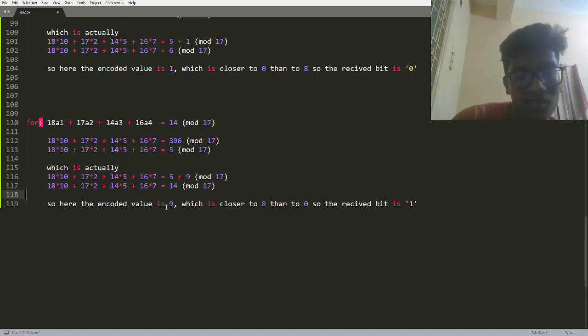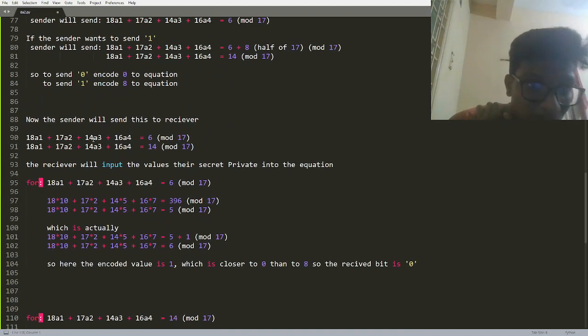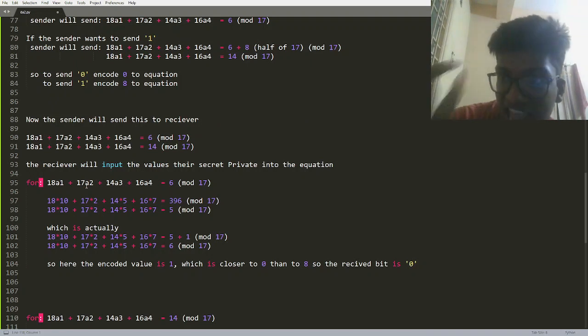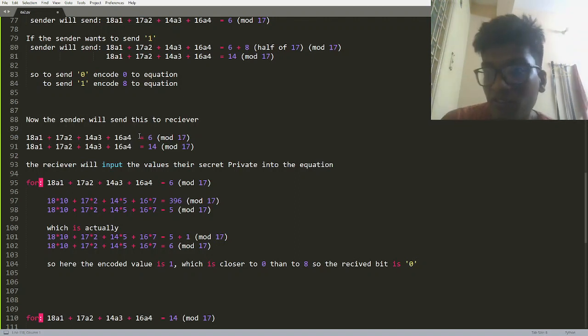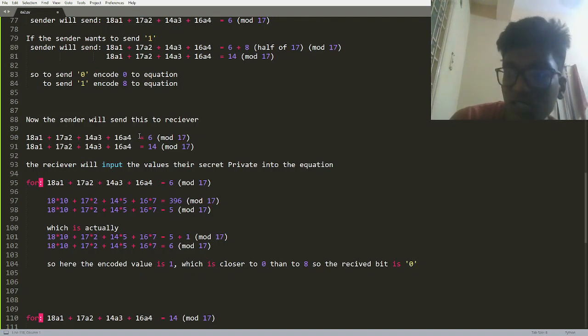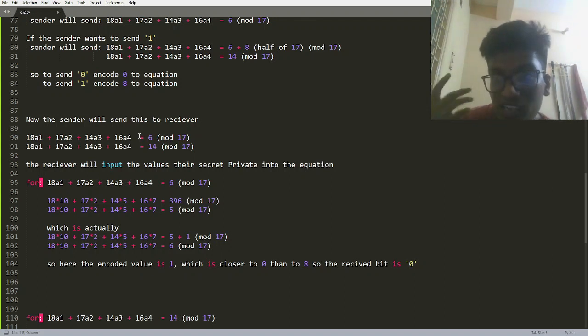Any other random person doesn't know the values for these equations. So they cannot input this value and get the actual solution. Only if they have the actual solution may they be able to identify the induced error and whether the sender encoded 0 or half of q. Without that actual solution, they will not be able to identify it.